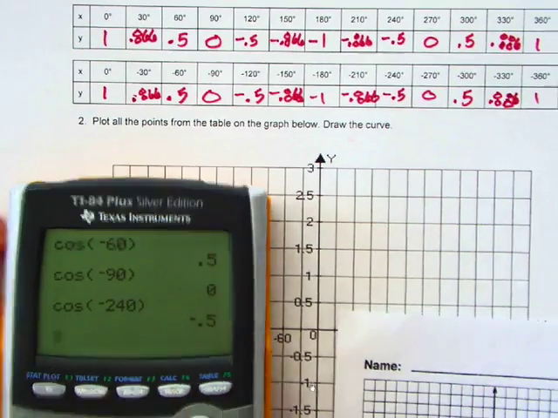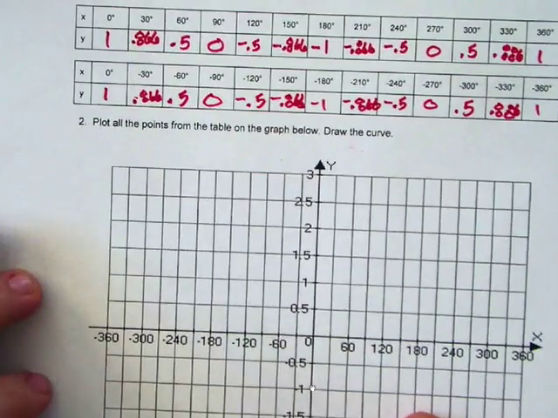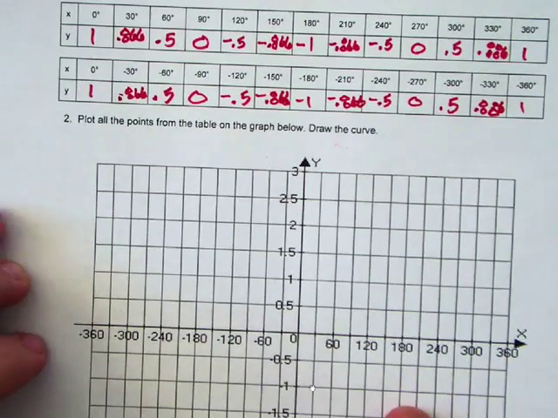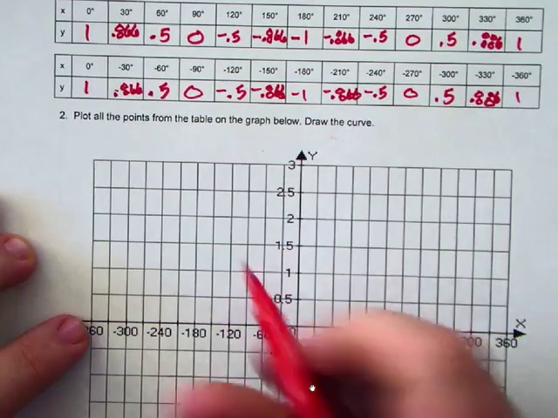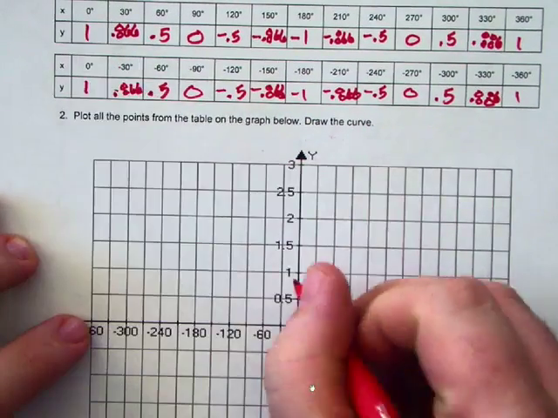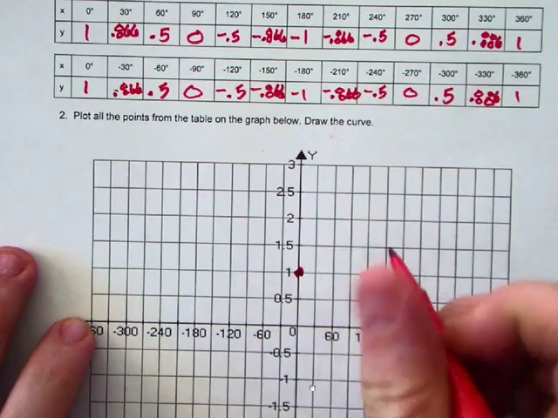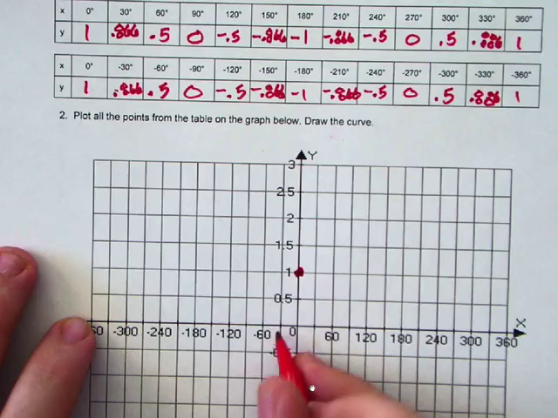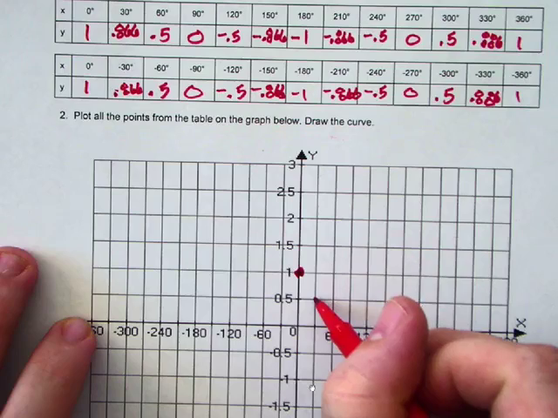Okay, so now we have our chart filled in. And that's all we had to do, just take the cosine of each one of those degrees one at a time. Now we plot it. When x is 0, y is 1. When x is 30, right here, y is 0.5.